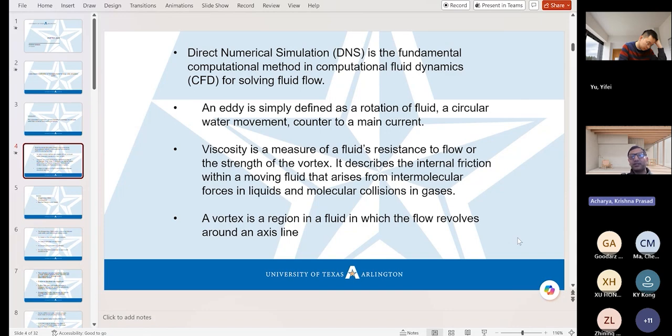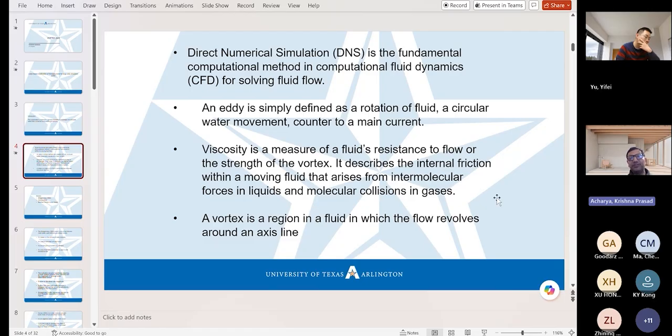Let us start from the general concept or knowledge of the basic terms like DNS, eddy, etc. As you all are familiar with, DNS, direct numerical simulation, is the fundamental computational method in computational fluid dynamics for solving fluid flow.